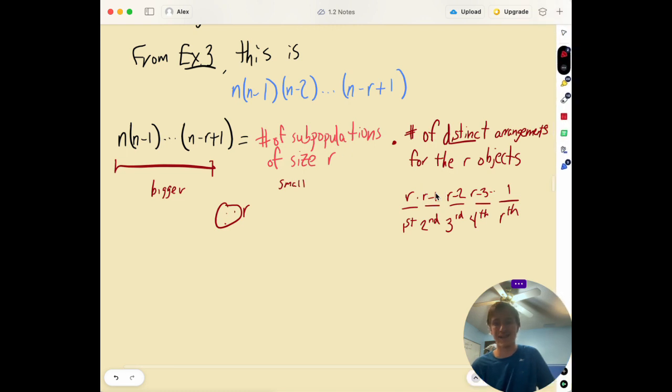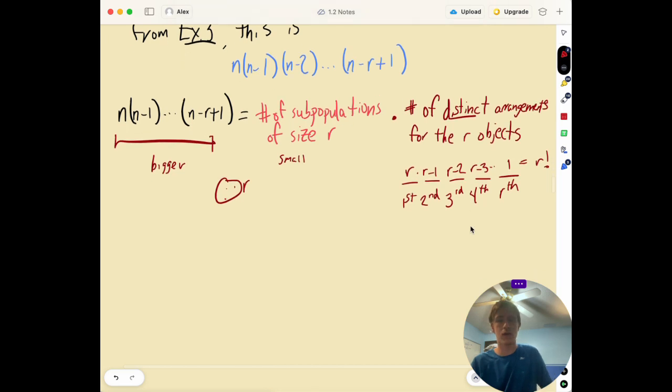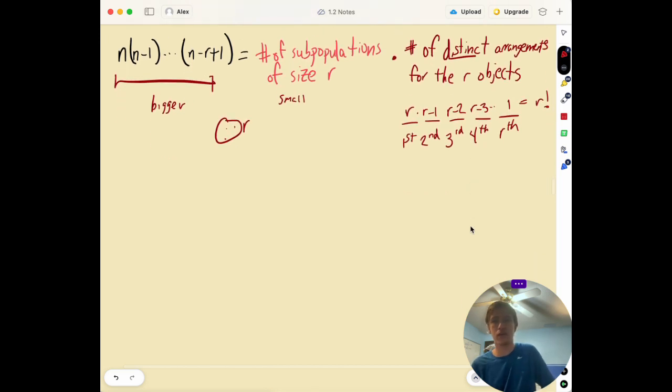But guess what? We have a notation for this now. This is simply r factorial. So now we're almost done with the proof.